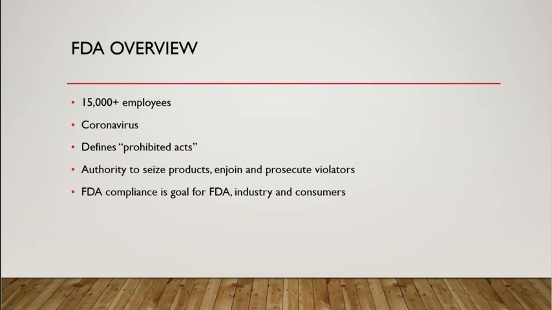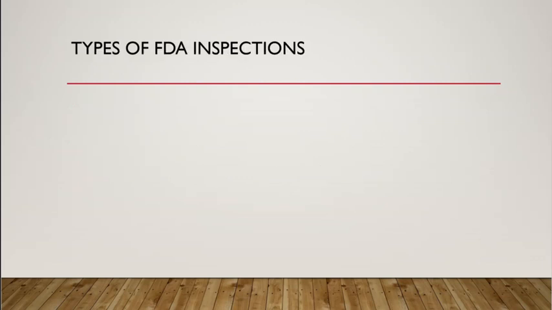Now, one of the first lines of regulatory actions has to do with FDA inspections. So I thought it would be helpful in this first week to outline for you the types of inspections and just a word or two about them. First is the pre-approval inspections, and these will occur in several different categories of marketing applications.